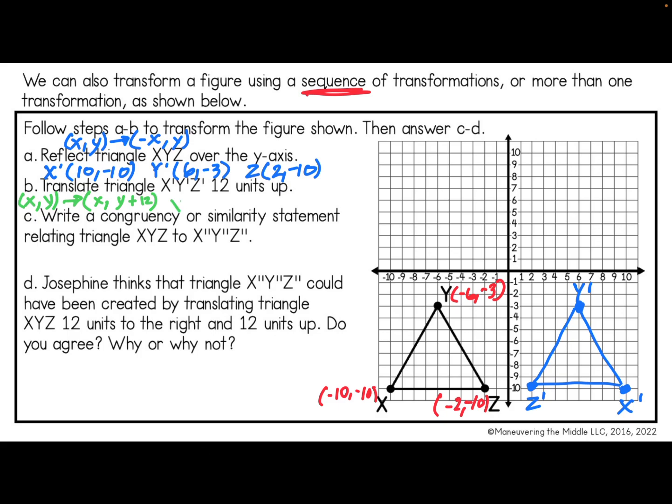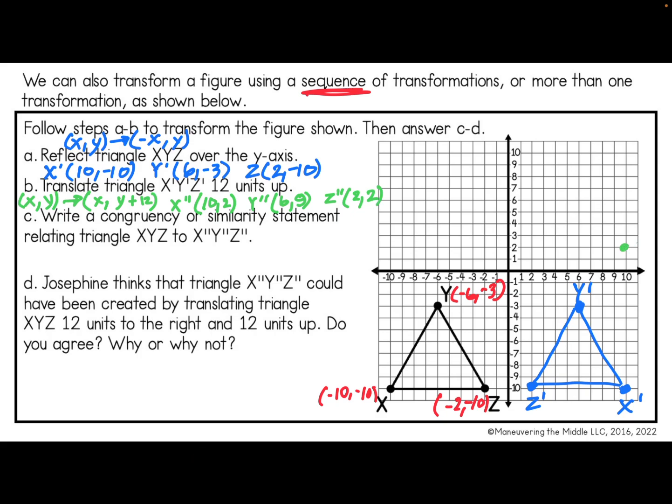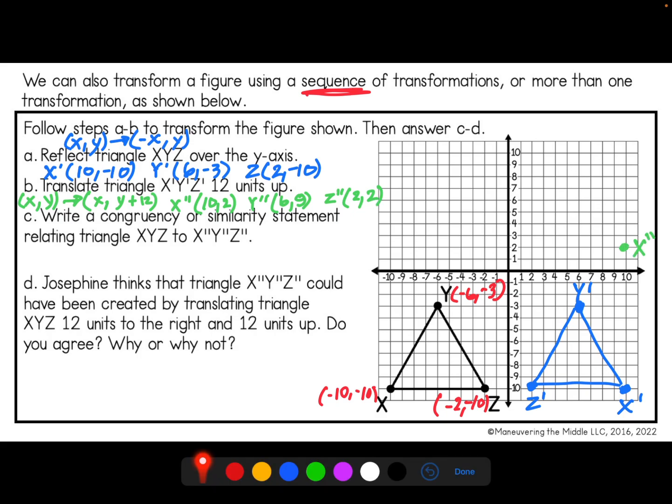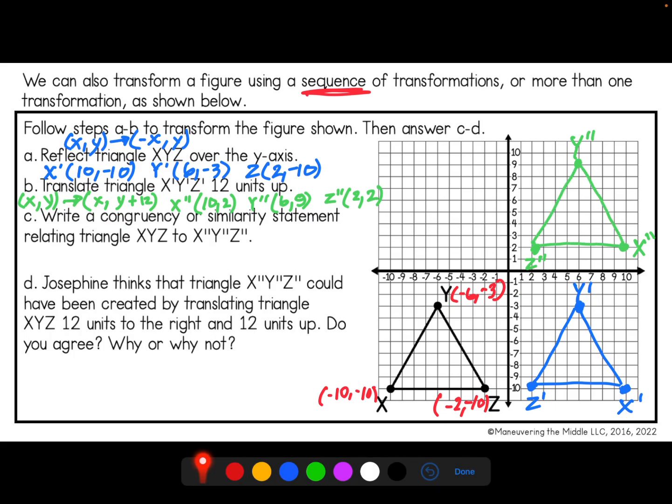So -10, and then -10 plus 12 is +2. 6, -3 plus 12 is 9, and 2, 2. So we can graph those really quick. X double prime, Y double prime, and Z double prime, giving us this triangle that looks just like the other two.